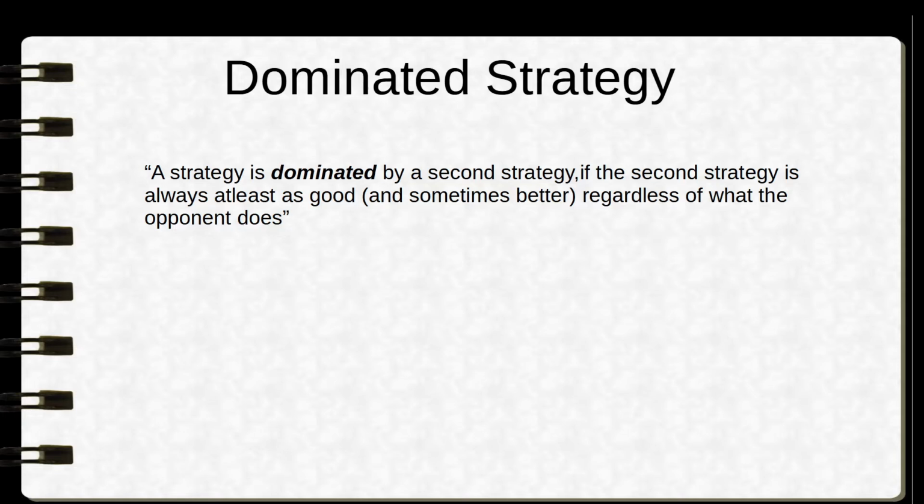He has no idea. Now, let's say if you have strategy 1 and strategy 2. Now, strategy 2 will be dominating strategy 1 if strategy 2 is as good as strategy 1, and if not as good, better.